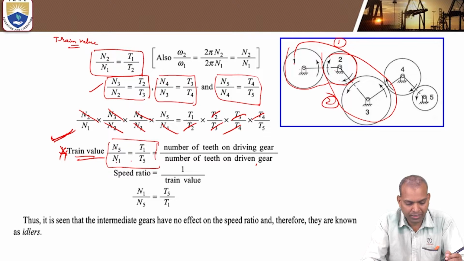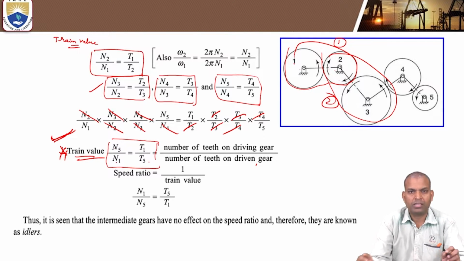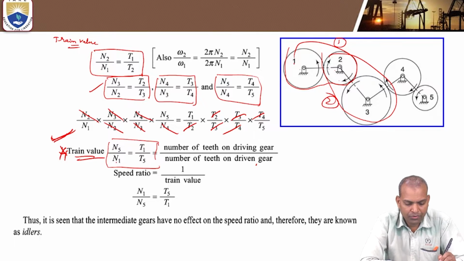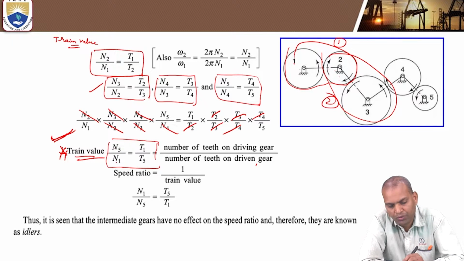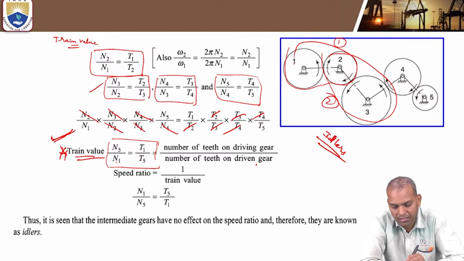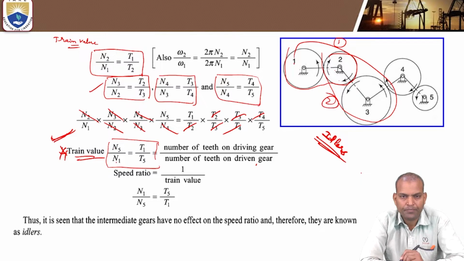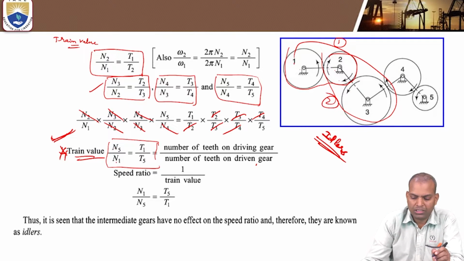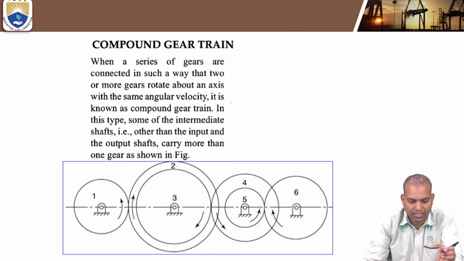In this, the intermediate gears, gear 2, gear 3 and gear 4, have no effect on the speed ratio. That's why these gears 2, 3, 4 are known as idlers. This is about the description of the simple gear train.